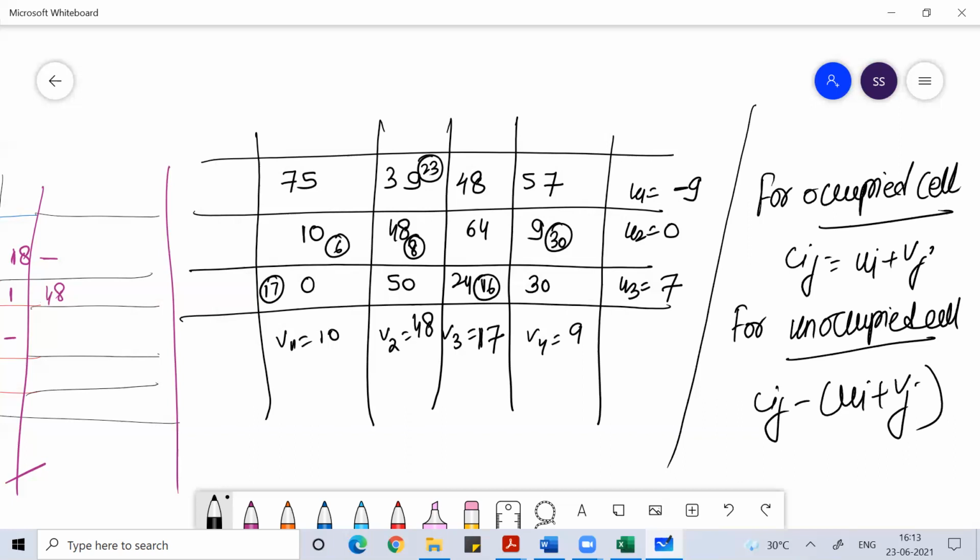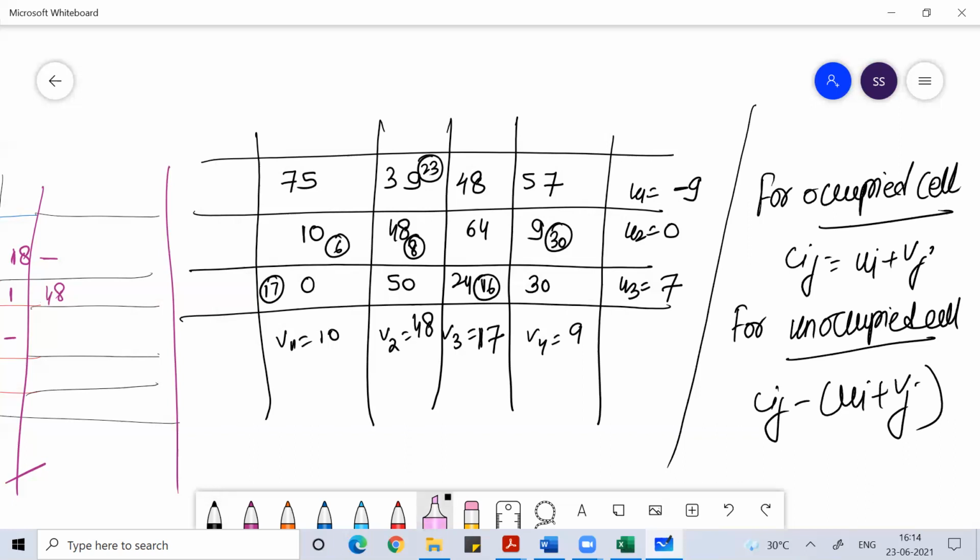By using the formula for occupied cells, we actually find the values U1, U2, U3, V1, V2, V3, V4.